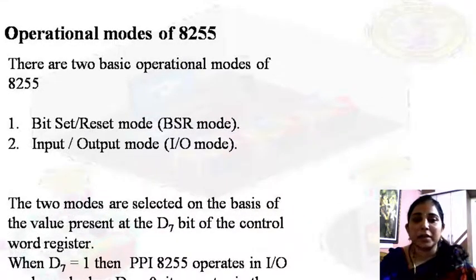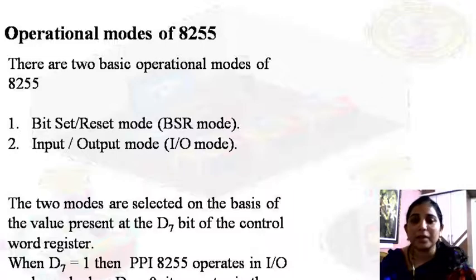The next topic in today's session is the operational modes of 8255 PPI. There are basically two operational modes of 8255. The first is BSR mode and the second is I/O mode. Let's see what these are in detail.